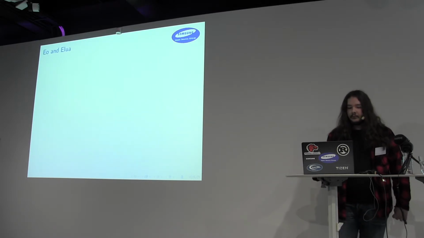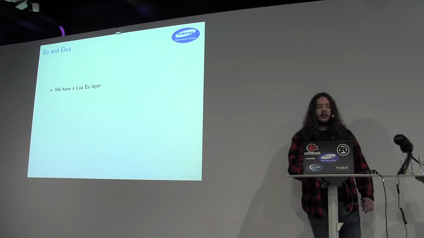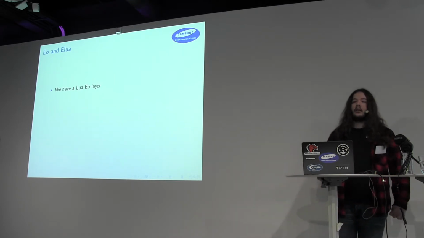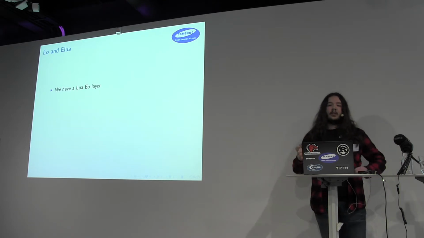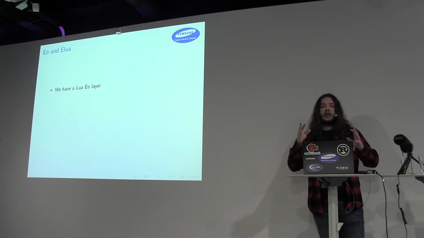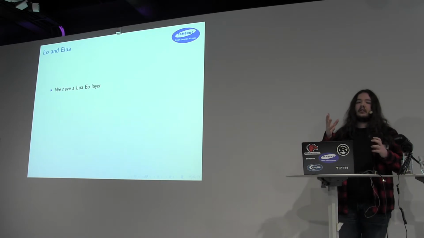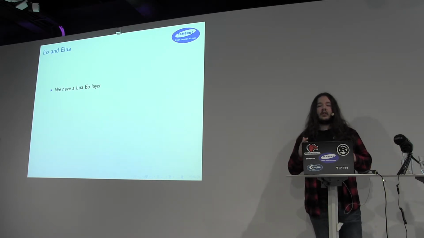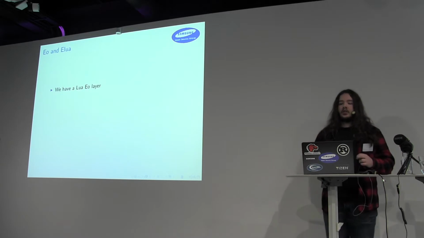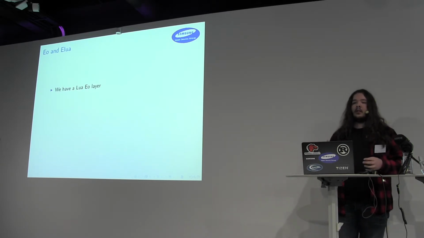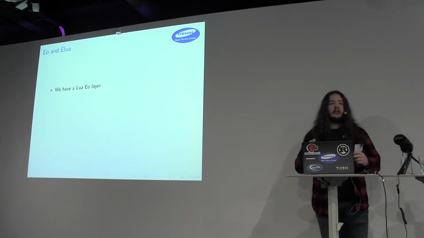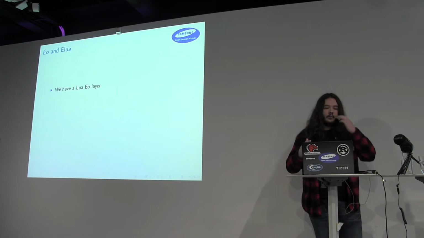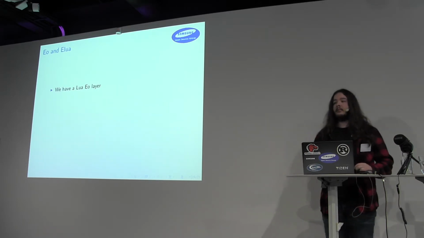So how does EO and Lua interact? We have sort of a Lua EO layer. What basically happens is the core EO API is not generated, it's manually written, and it declares the required functions through the FFI, then creates an FFI structure meta type, which implements several meta methods, which are used to provide a sort of native feeling, general way to actually call methods and these kinds of things.